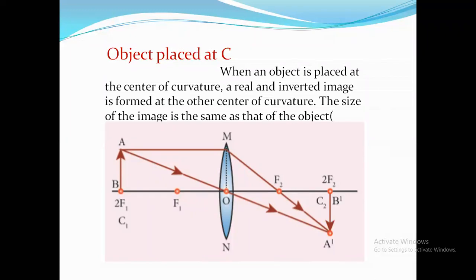The size of the image is the same as that of the object. First one was beyond C, this one is at C. The two rays converge at the opposite side of the center of curvature. So the size of the image is also the same.